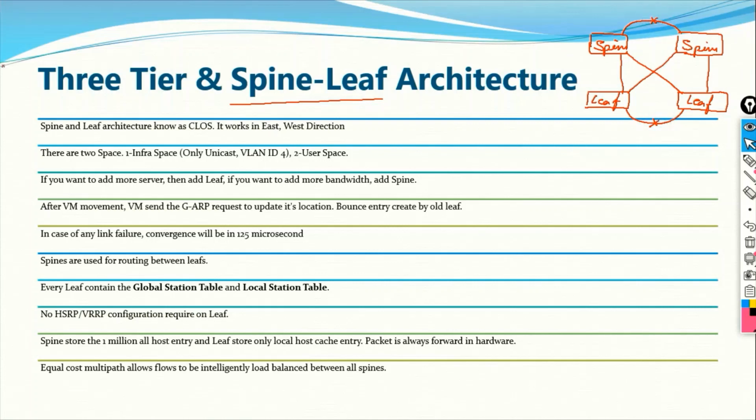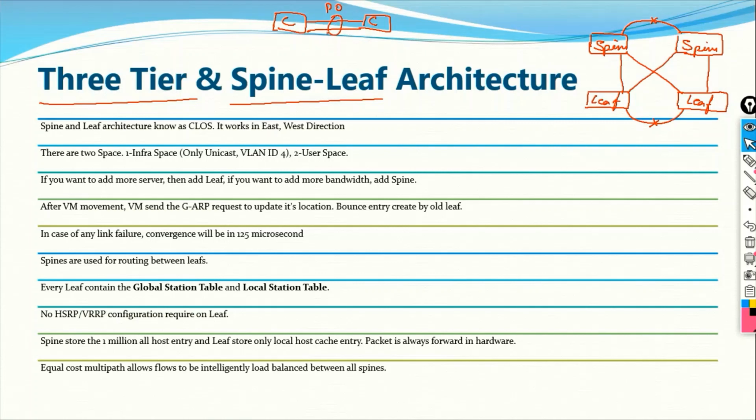Just like in three-tier architecture, core switches get connected together, right? Or maybe distribution switches connect together, creating a port channel and allowing a VLAN in the middle of that. So in three-tier architecture, we perform like this.